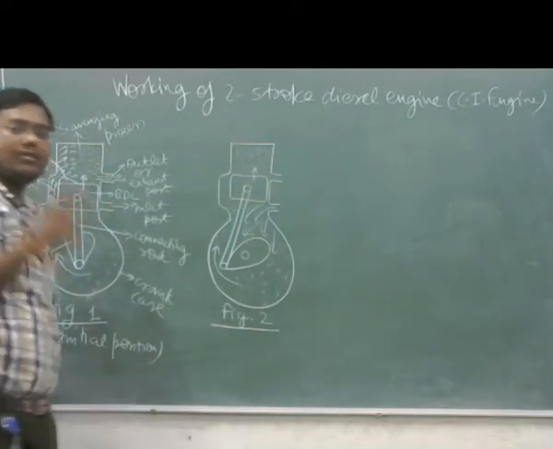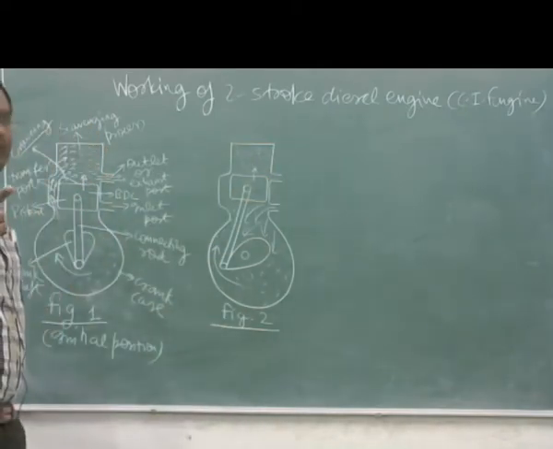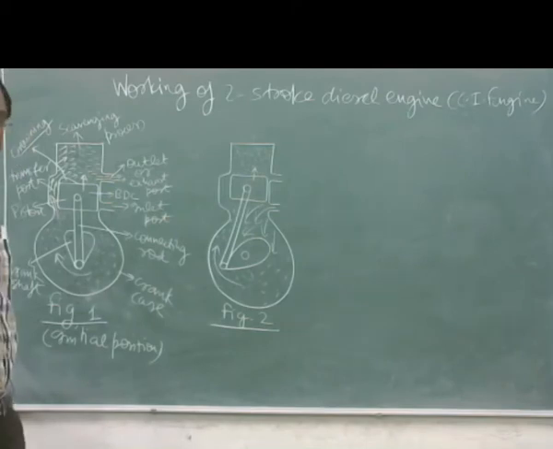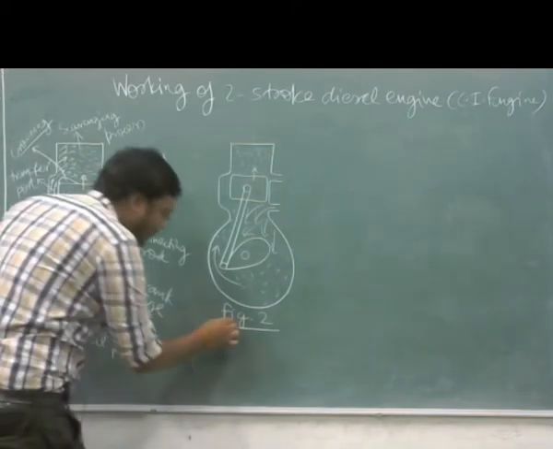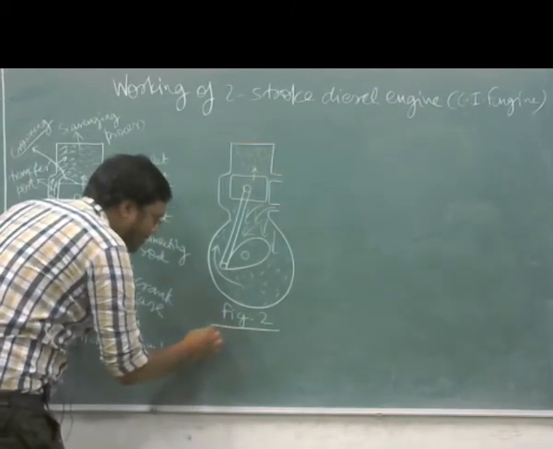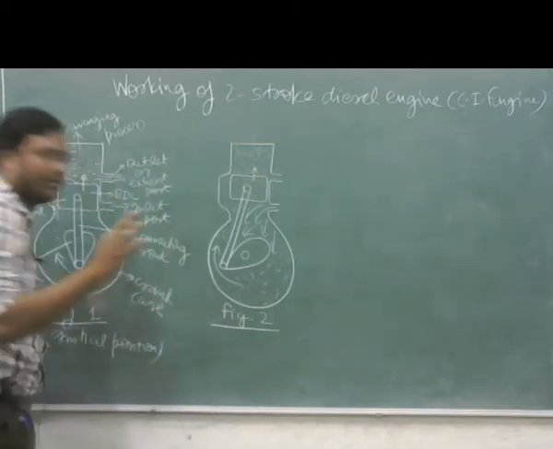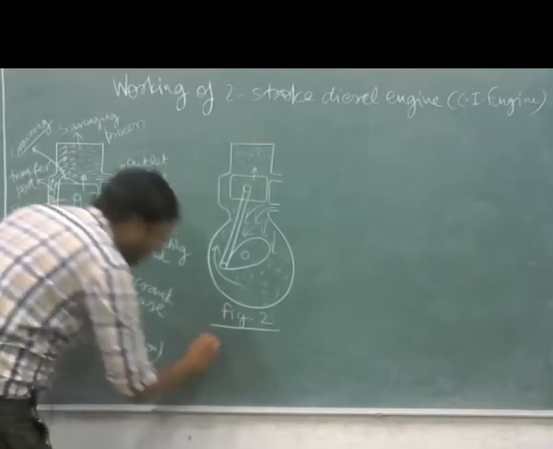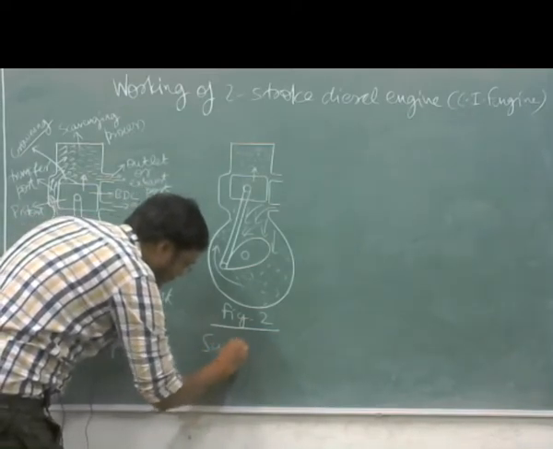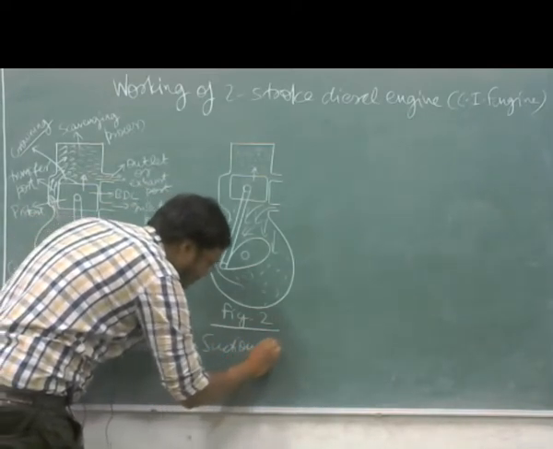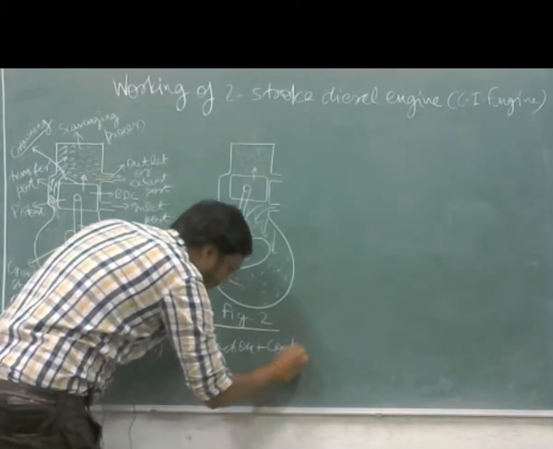So two processes are taking place simultaneously, suction and compression. So in figure 2, when the piston moves from BDC to TDC, figure 2 represents two processes: suction plus compression.